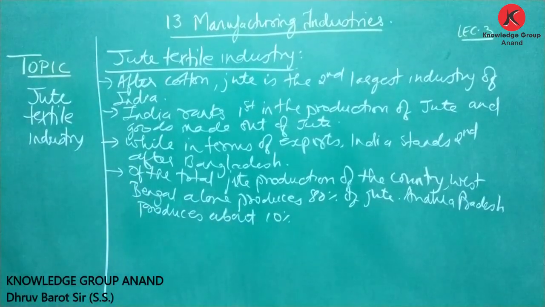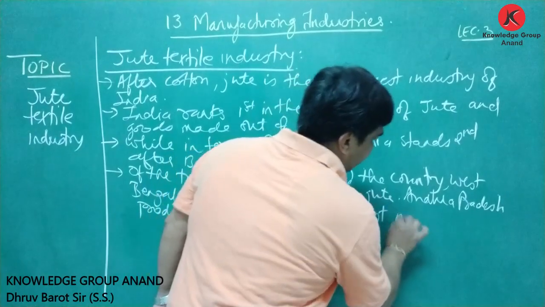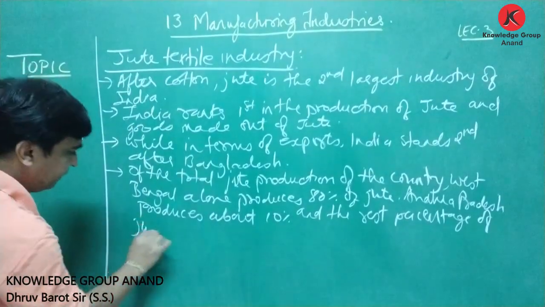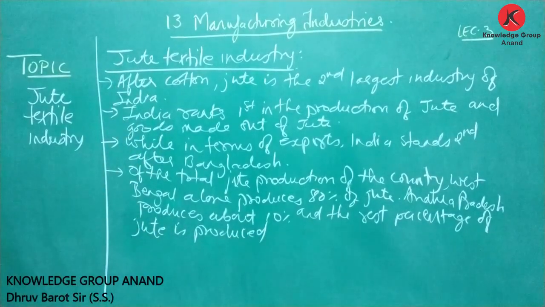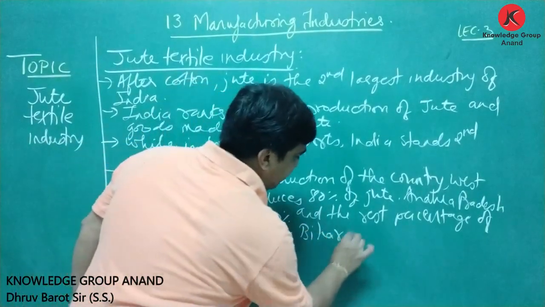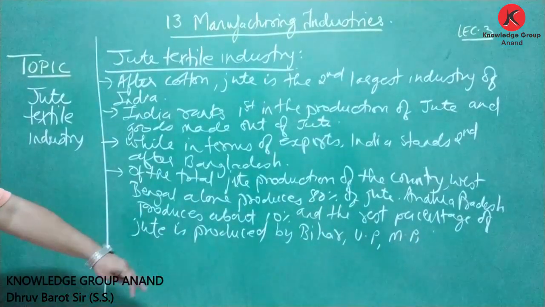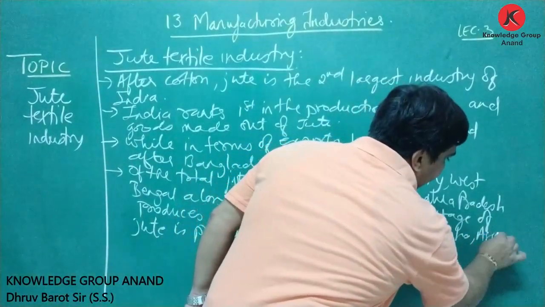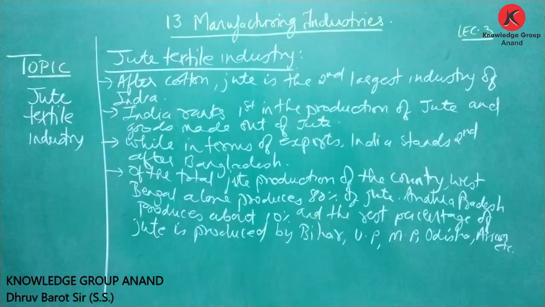Andhra Pradesh produces about 10%. And the rest of the jute is produced by Bihar, Uttar Pradesh, Madhya Pradesh, Odisha, Assam, etc. These are the states where jute is produced.